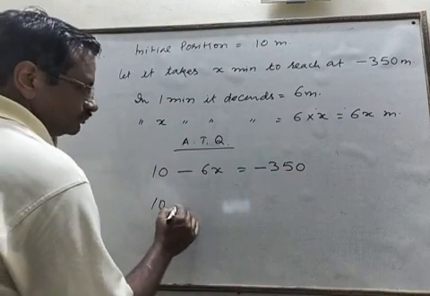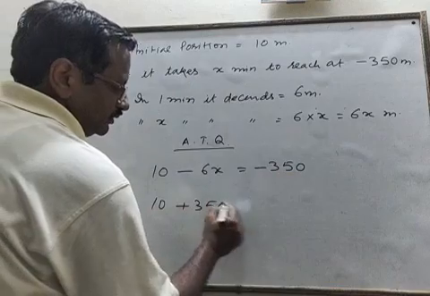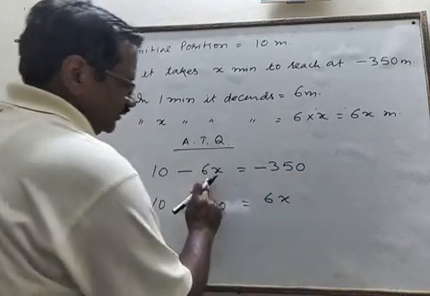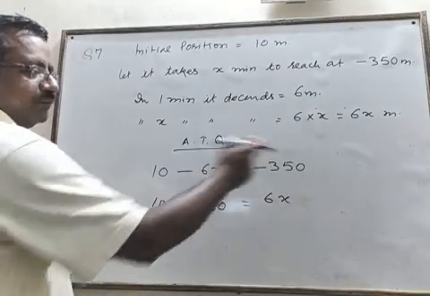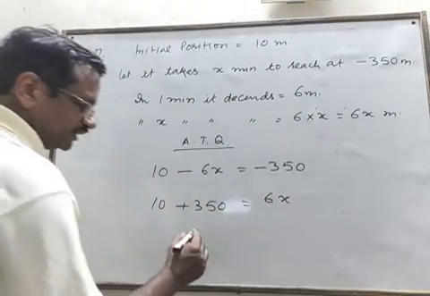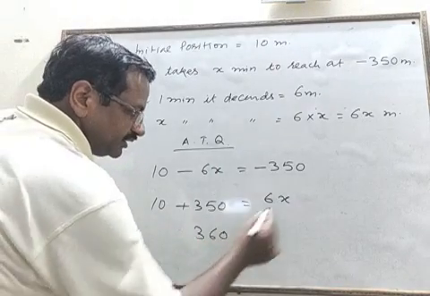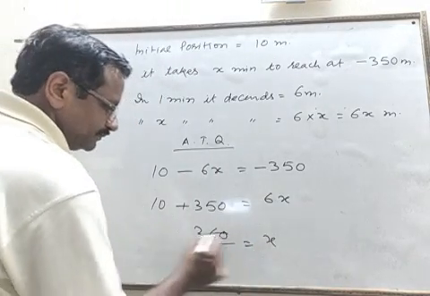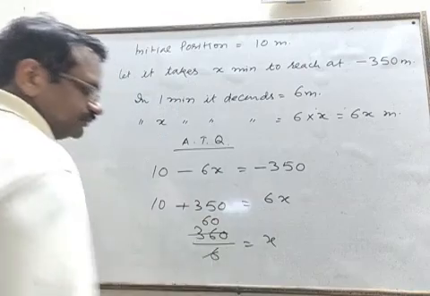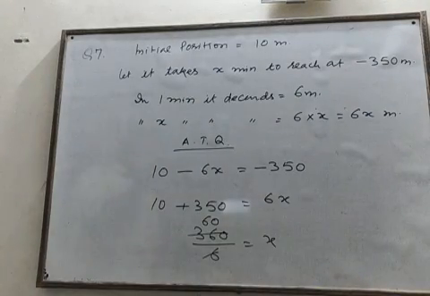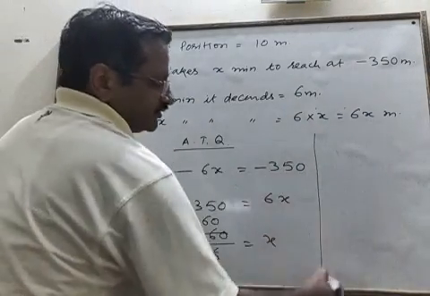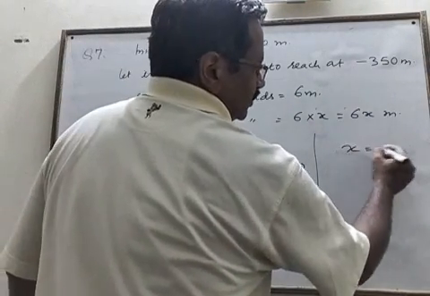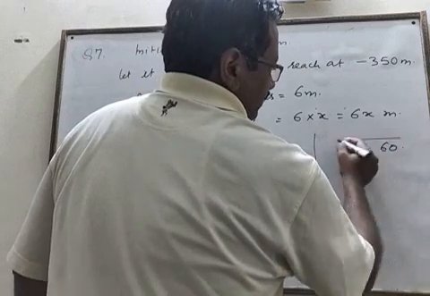So 10 plus 350 equal to 6x. We are taking 6x to that side, minus 350 to this side. So it is 360 divided by 6 equal to x. So it will be 60. So x equal to 60 means 60 minutes.